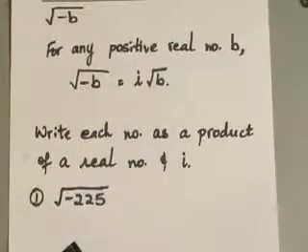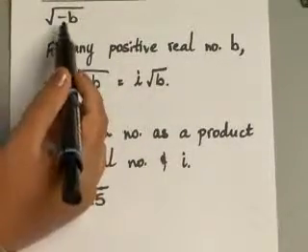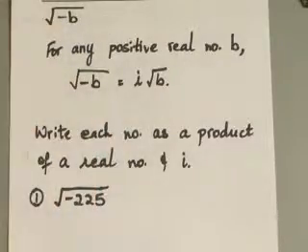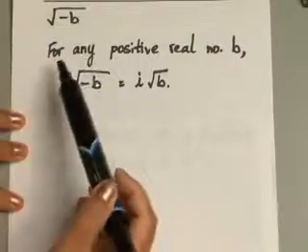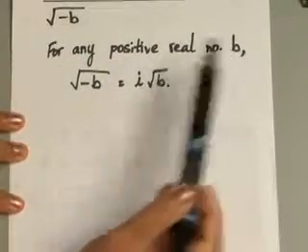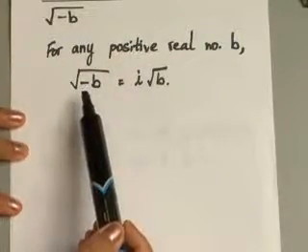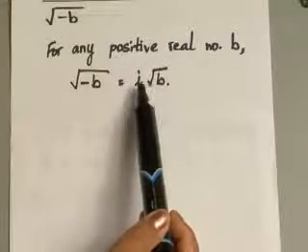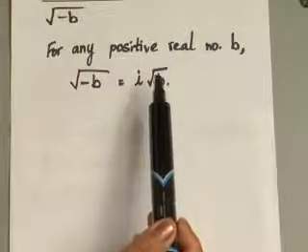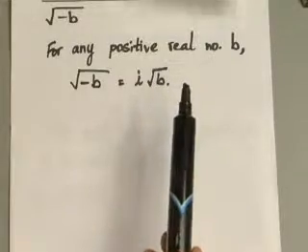All right, so let's say we have the square root of negative b. Go ahead and look at that first. So we are saying for any positive real number b, if you have the square root of negative b, you basically end up with i times the square root of b. And why does that happen?